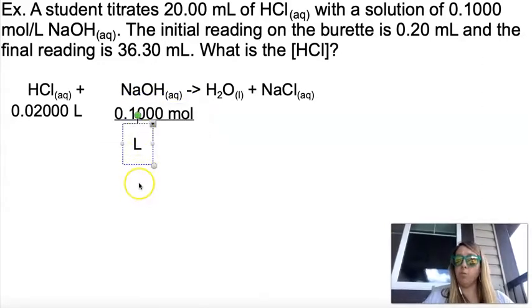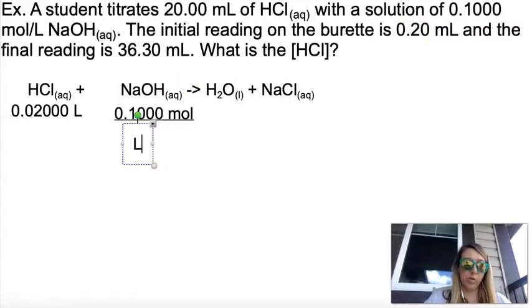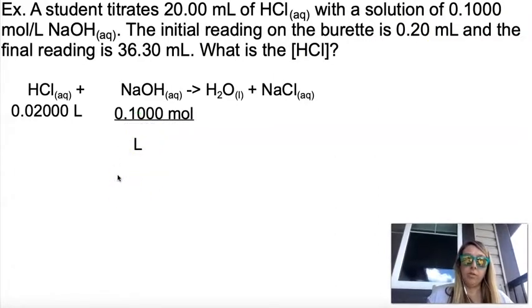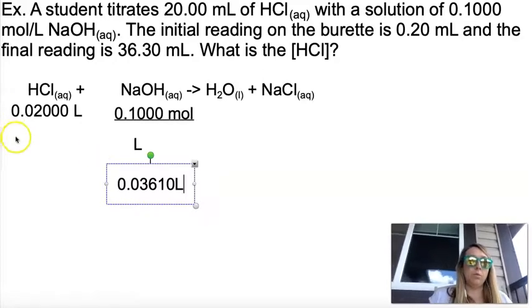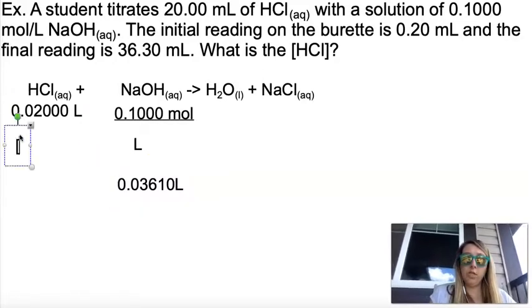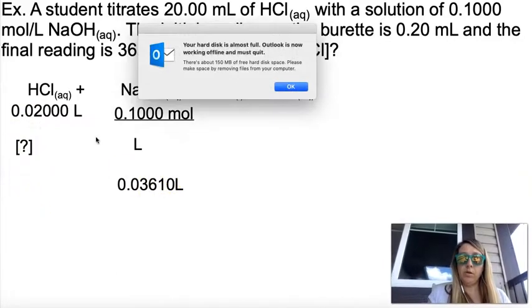And okay, volume-wise, the volume here is a little bit different because it gave us an initial and a final value. So we're going to have to subtract them. So we're going to do 36.3 minus 0.2. So from there, we get that our volume is going to be 0.03610 liters. Okay. So we're looking for the concentration of HCl. That is our unknown. So now we do our unit analysis.